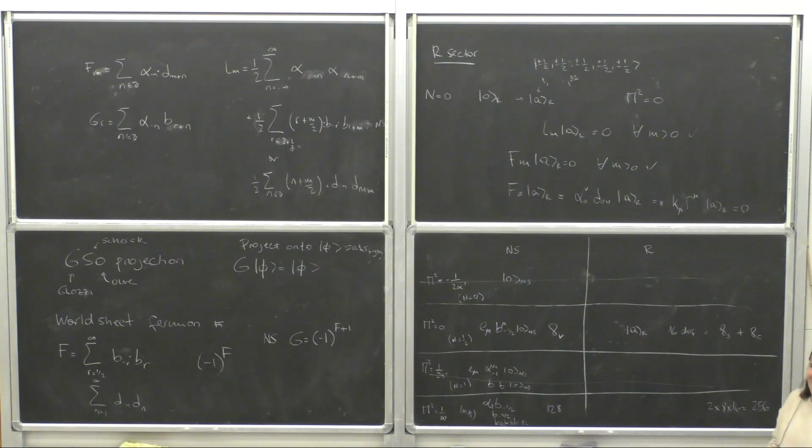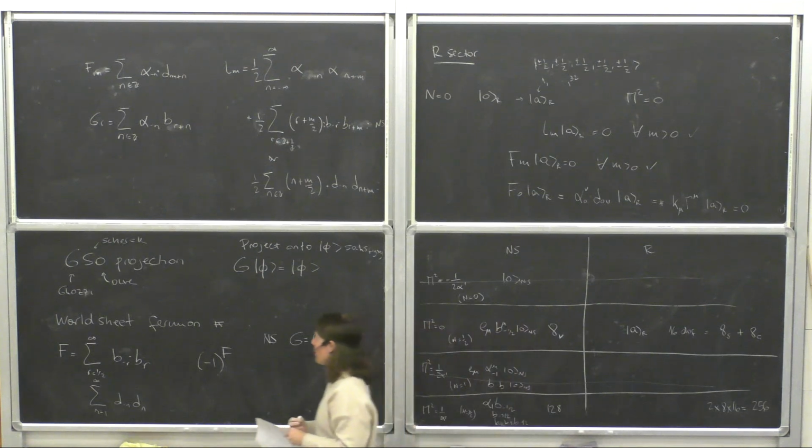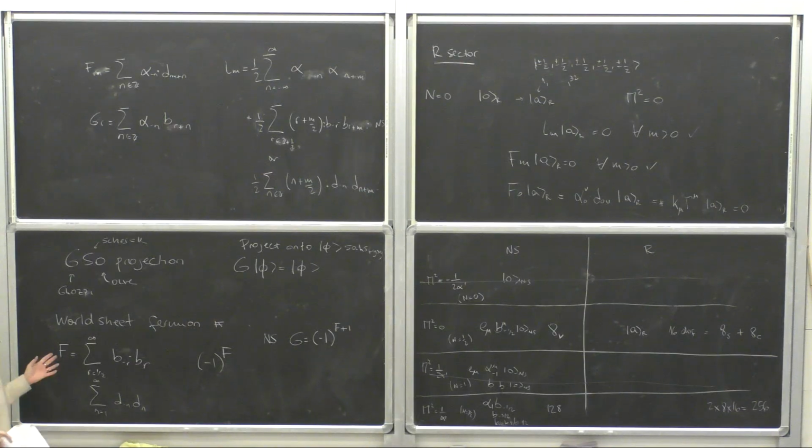Because we can. It's something we choose to do, but there is no such operation that you can do consistently in all the spectrum. You have GSO projected states, and you scatter them.